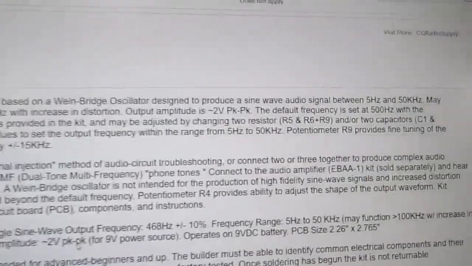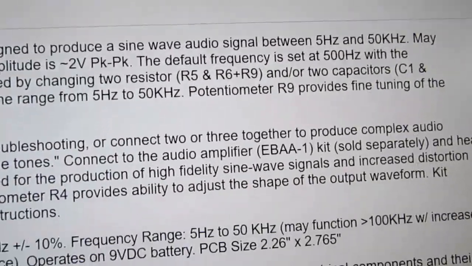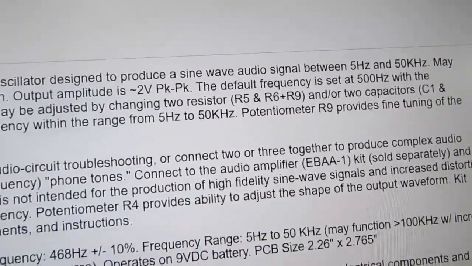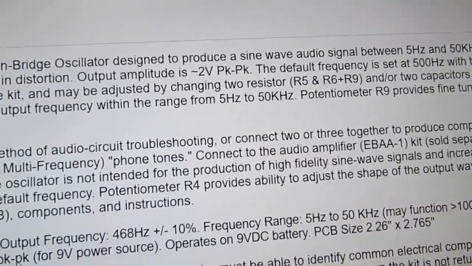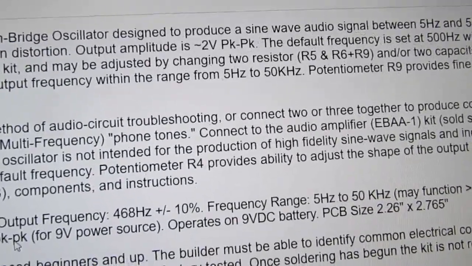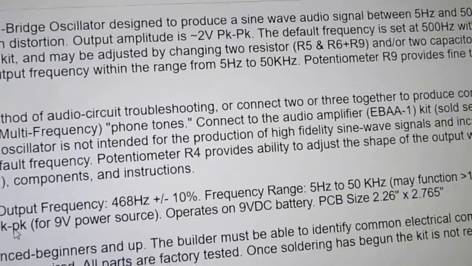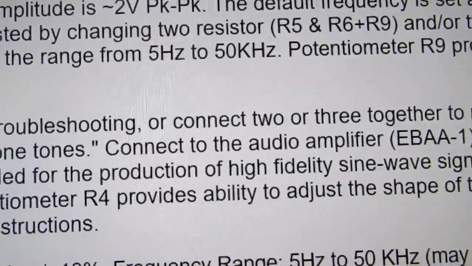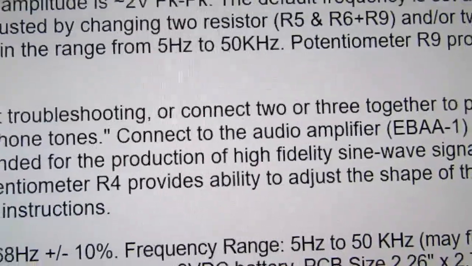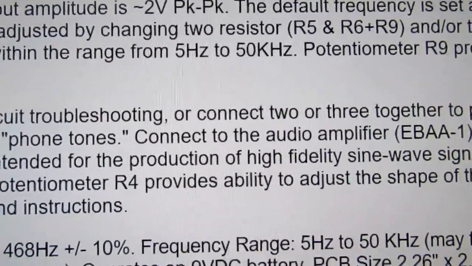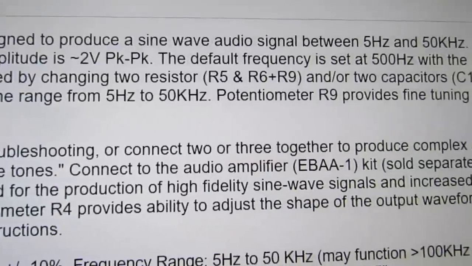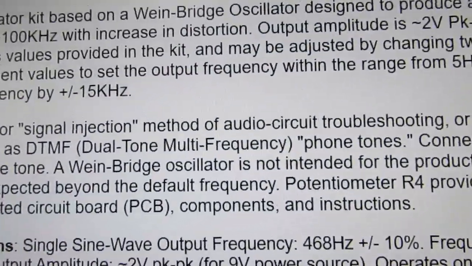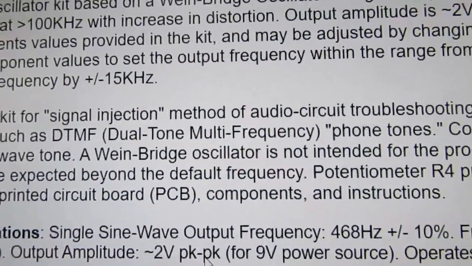Default frequency is set at 500 Hz with the component values provided with the kit, and may be adjusted by changing 2 resistors. Well, it says 2 resistors, and they say R5 plus R6 plus R9. I think R9 is the trim pot, and/or 2 capacitors to get within the range.